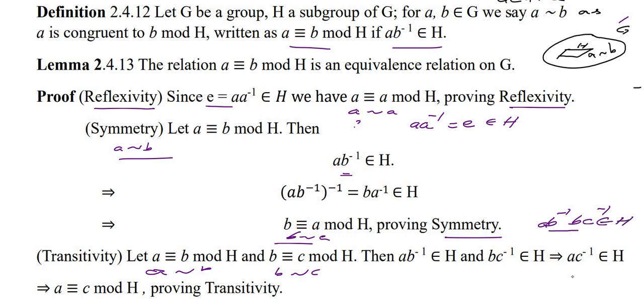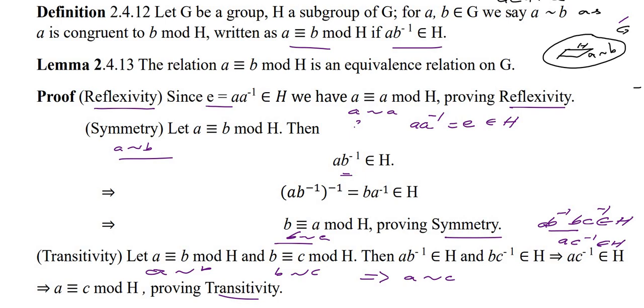But B inverse B is E, so AC inverse should be in H. So that proves that A is congruent to C mod H, or in other words, A is related to C. So whenever A is related to B and B is related to C, that implies A is related to C, and therefore we have transitivity.